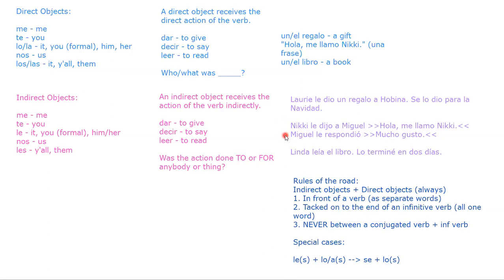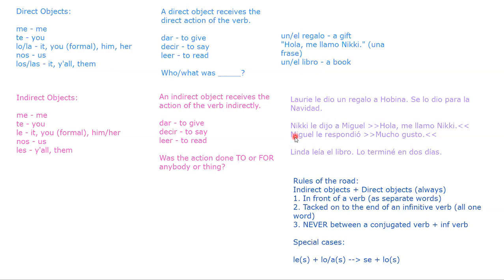Now the second sentence is going to make sense based on the first sentence. Miguel le respondió, mucho gusto. Miguel said to her, or Miguel responded, nice to meet you. Now, at no point here do I say, Miguel le respondió a Nikki. But it wasn't necessary. It makes sense because Nikki started this conversation with Miguel.